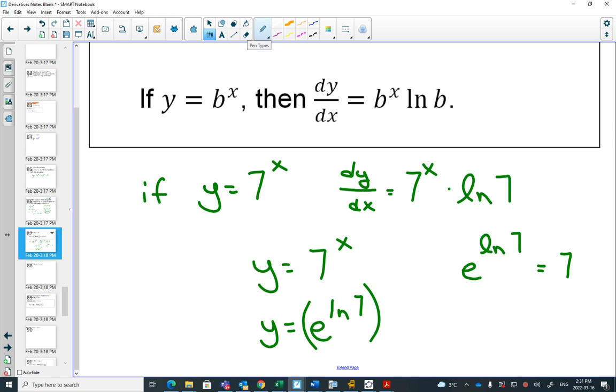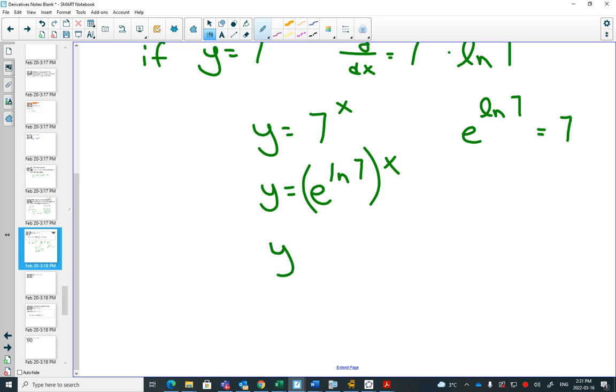And if I had a power to a power, I could rewrite this as e to the natural log of 7 times x. I'll put that x in front, just so it doesn't look like the 7x is inside that natural log. Okay?